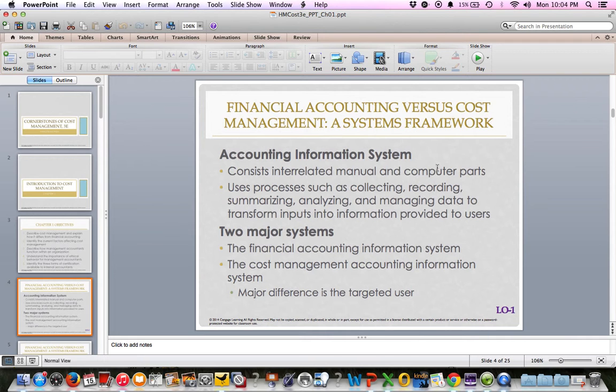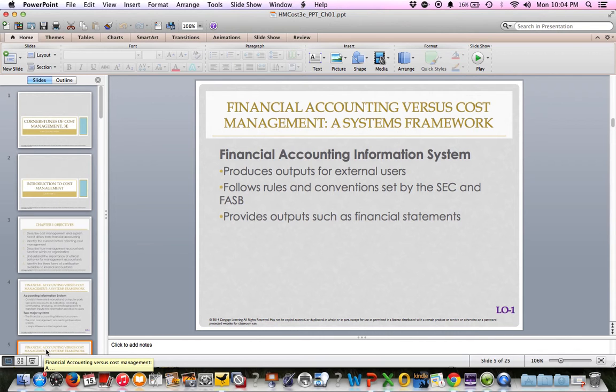Think about a business going about its daily business of buying goods and services from vendors, selling goods and services to customers, paying your bills, all those various things that a business does. It's all about collecting that data, recording it, summarizing it, and analyzing it into information. And that information can be categorized into financial accounting, which is reporting to external users, or management accounting, which is reporting to internal users.